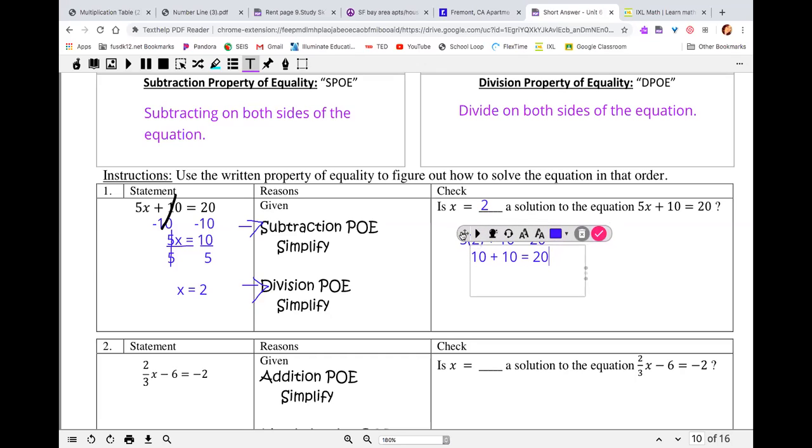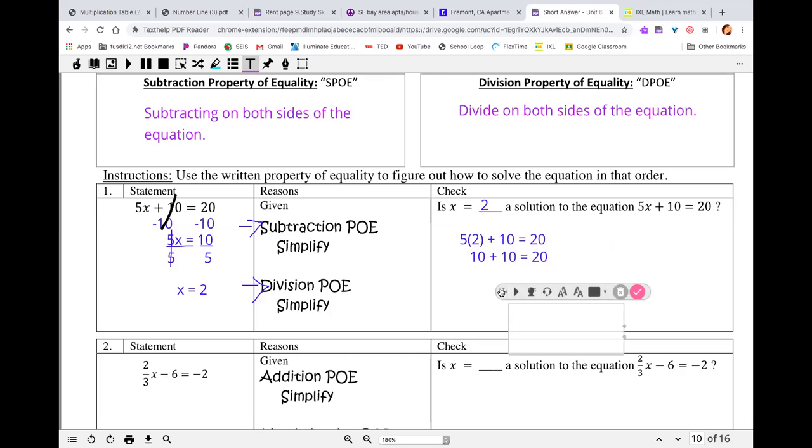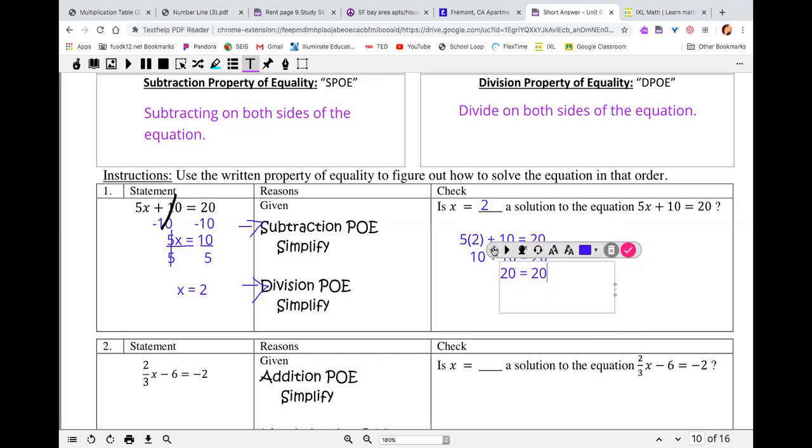I rewrite the entire problem. I line everything up. I want to keep it in order. Okay. And then what is 10 plus 10? 20. 20 equals 20. Sometimes when we look at it and see 10 plus 10 is 20, we might stop because in our minds that makes sense.